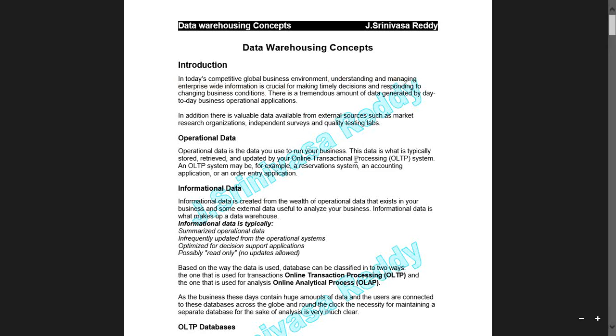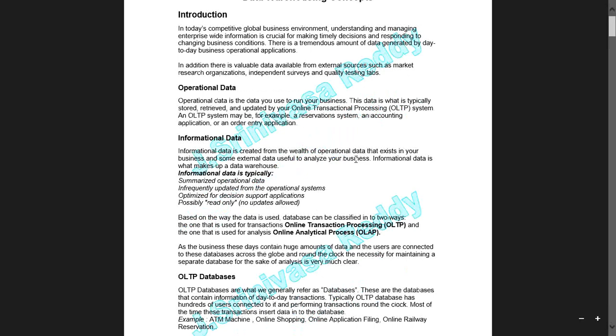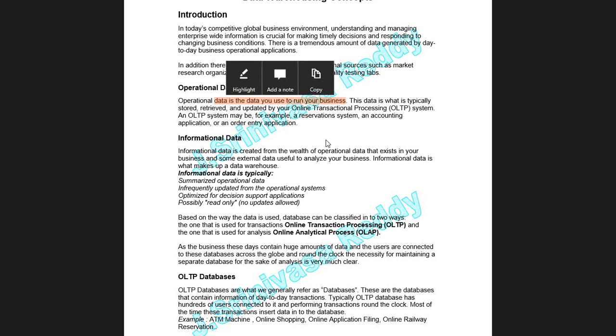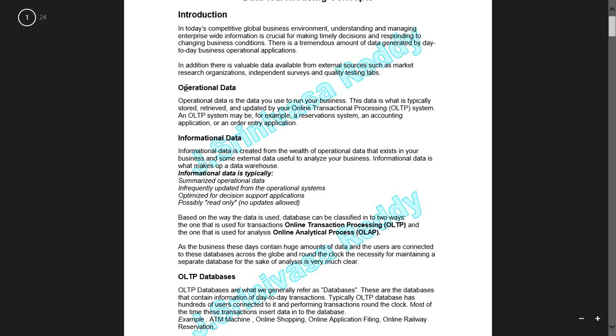So first of all, we understood what is OLTP, what is operational data. Operational data we can also call transactional data, the data which is used to run your business, to operate the business, and perform the day-to-day business transactions. Such transactional data is also known as operational data.